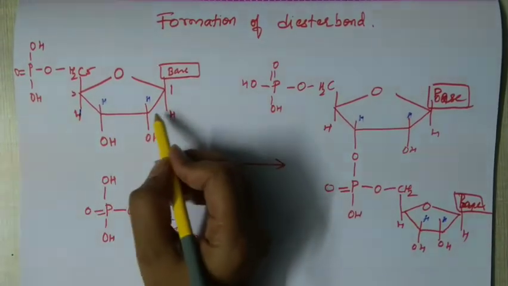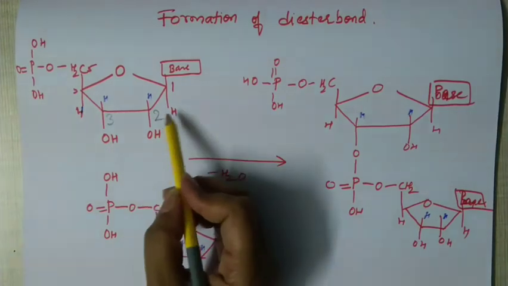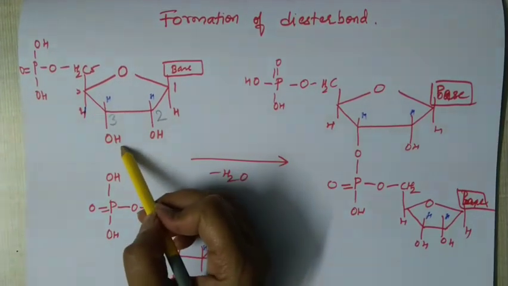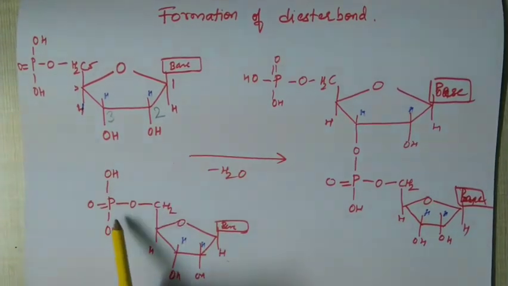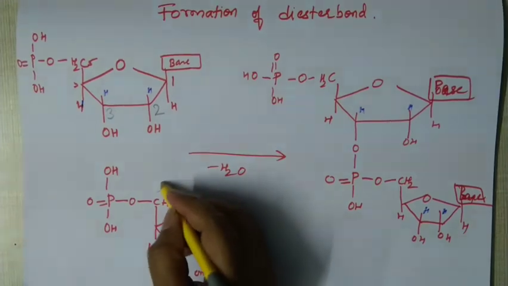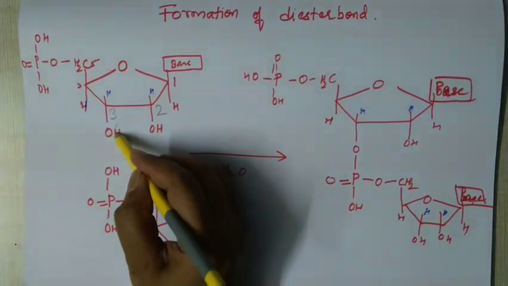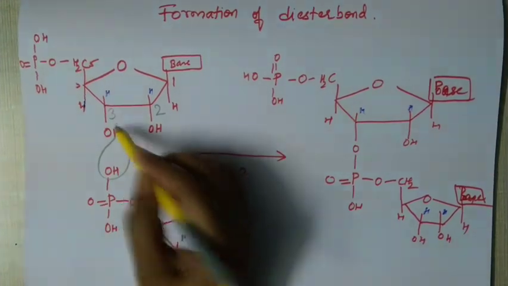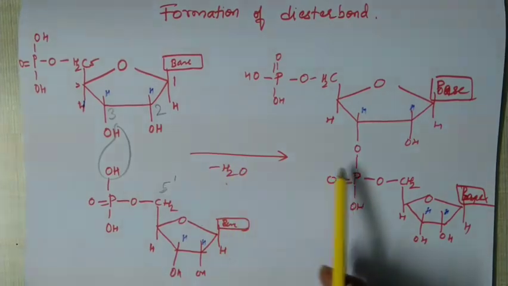So this is first carbon atom, second and third. The third carbon atom having OH group reacts with phosphoric acid which is attached to the fifth carbon atom. They react, there is elimination of water molecule, H2O is removed and a bond is formed. So look here.